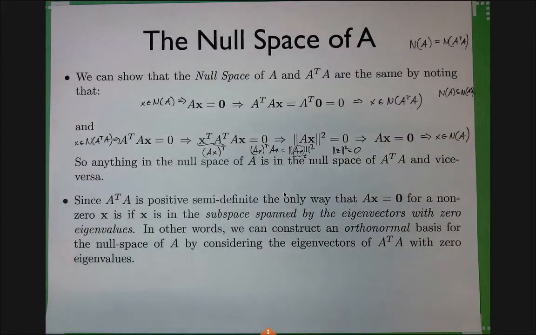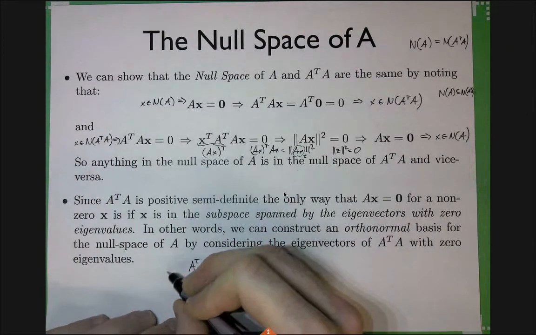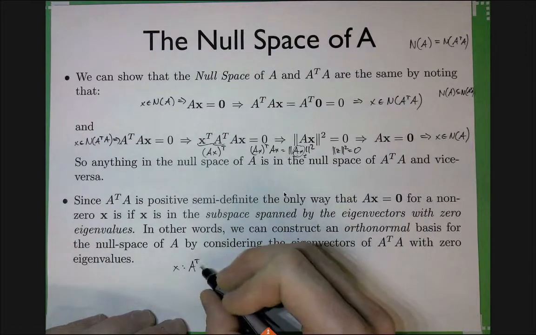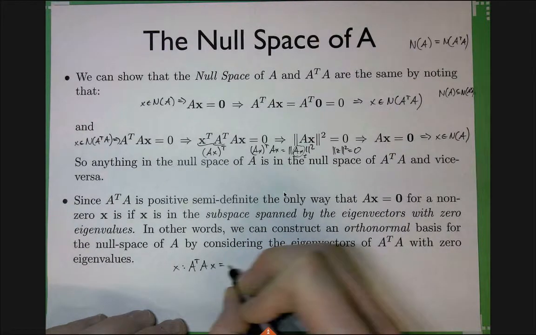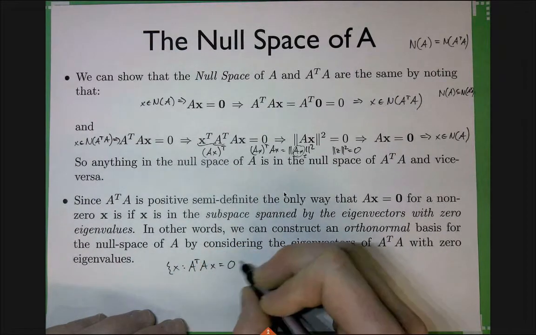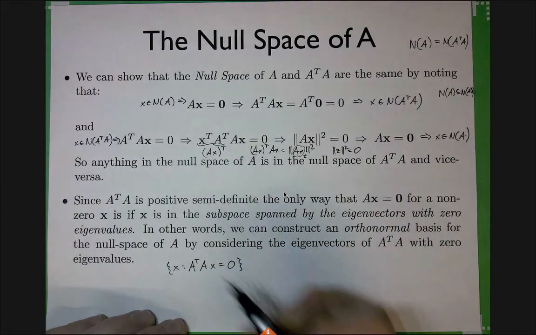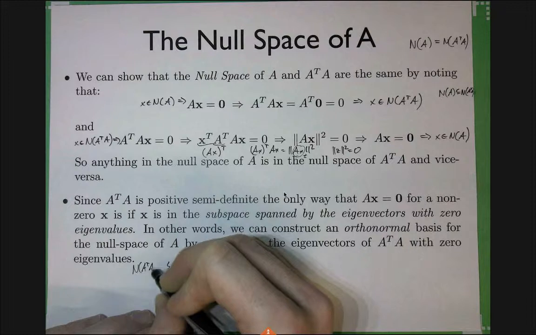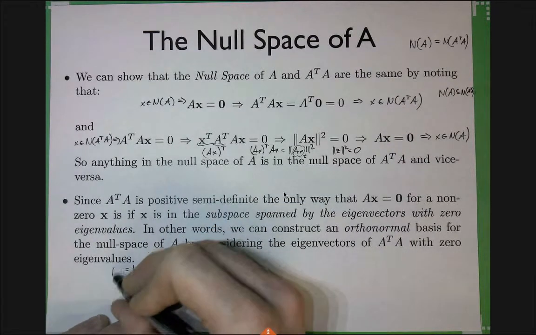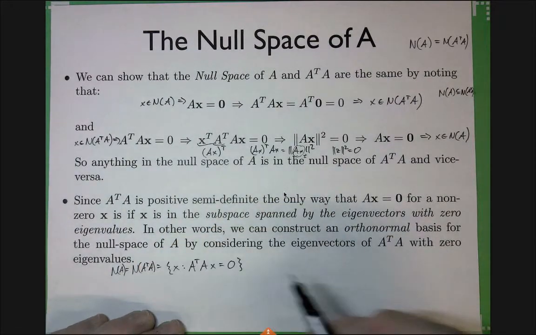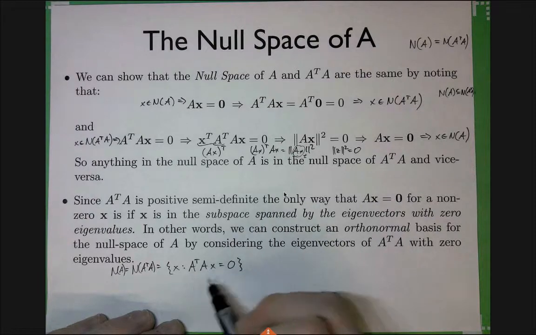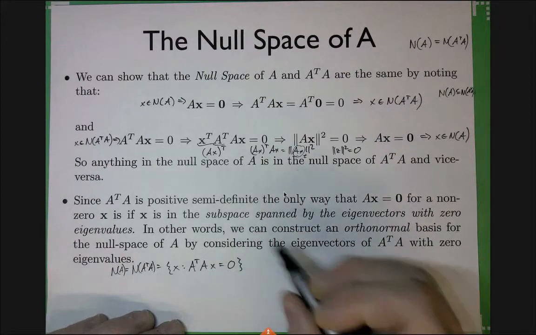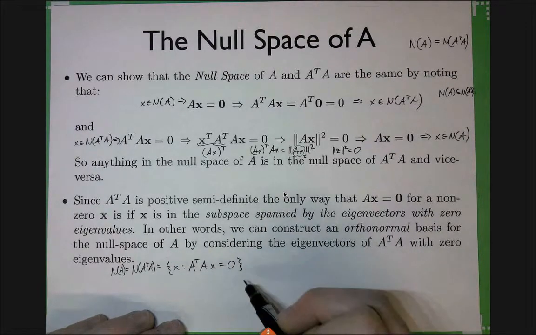I'm looking for the space of all vectors x such that AᵀAx is 0, and they have to be from Rⁿ. That's the null space of AᵀA, which happens to be equal, as we just showed, to the null space of A. So if I want an orthonormal basis for this linear subspace, how can I get it?